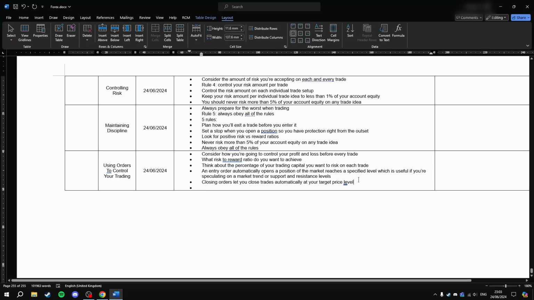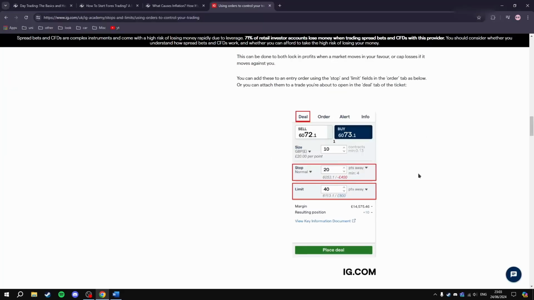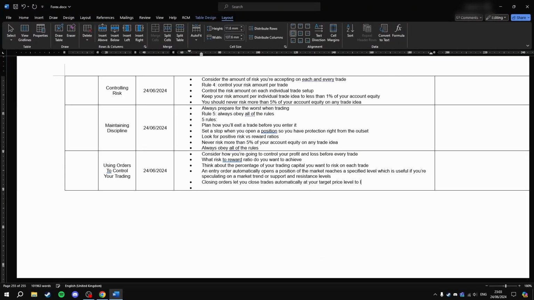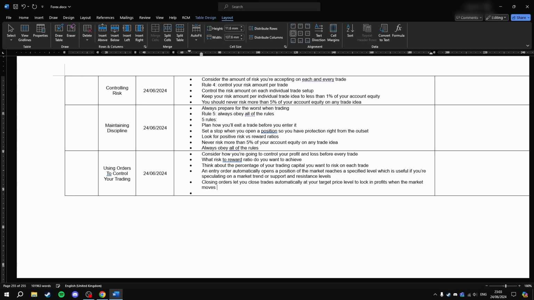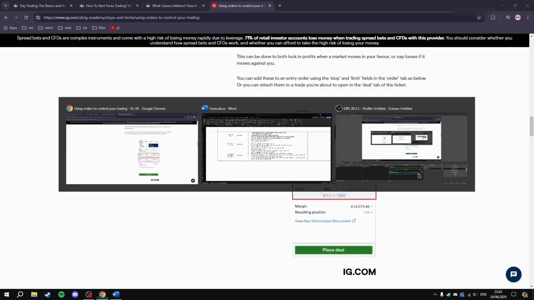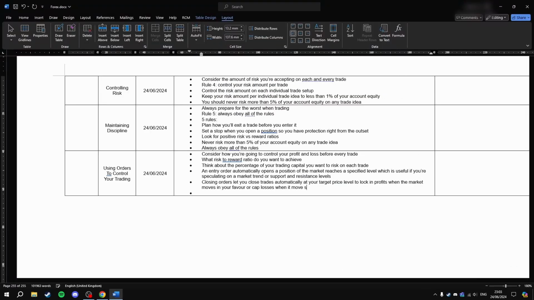So, to lock in profits when the market moves in your favor, or cap losses when it moves against you.